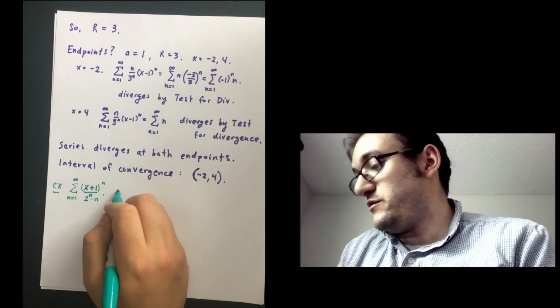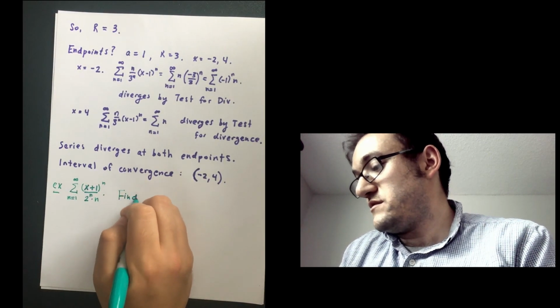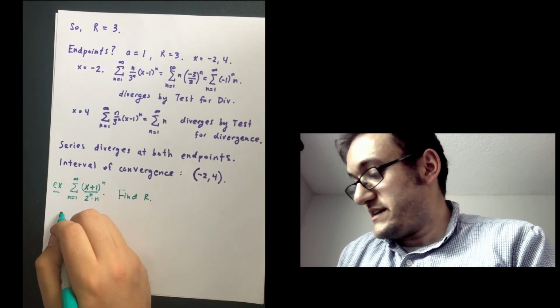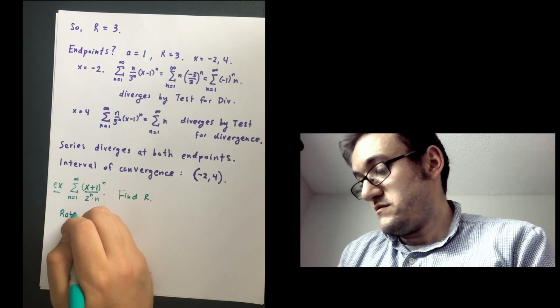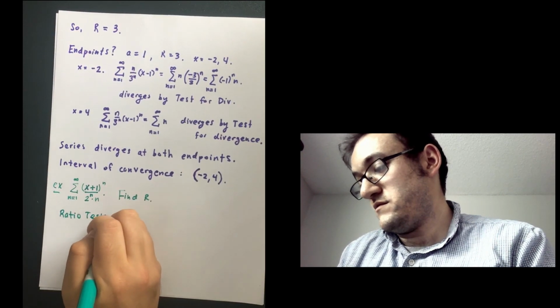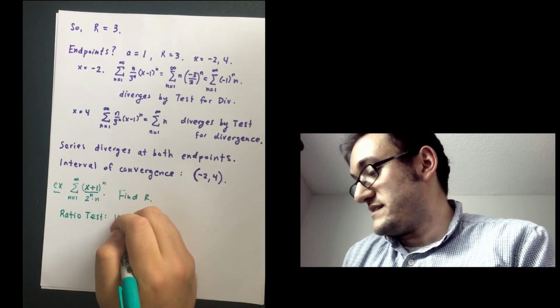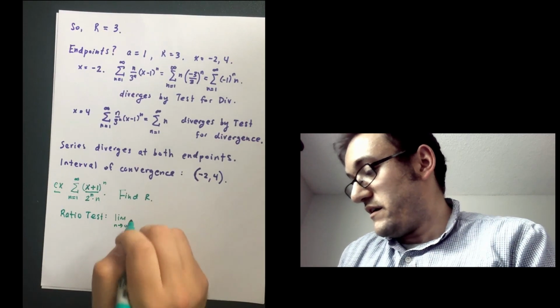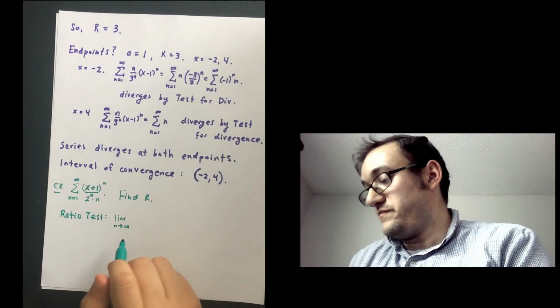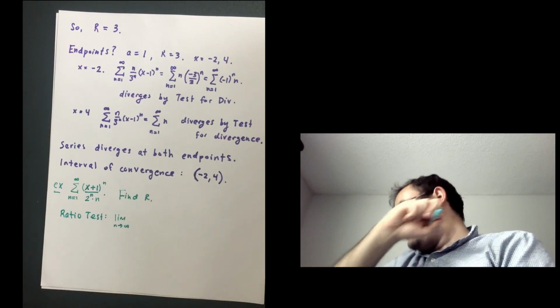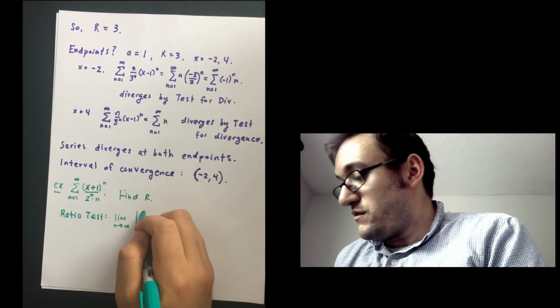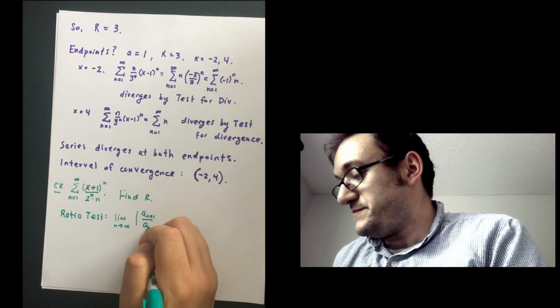Okay, standard deal, we try to find the radius first. Okay, ratio test. We take the limit as n goes to infinity of a sub n plus 1 over a sub n.